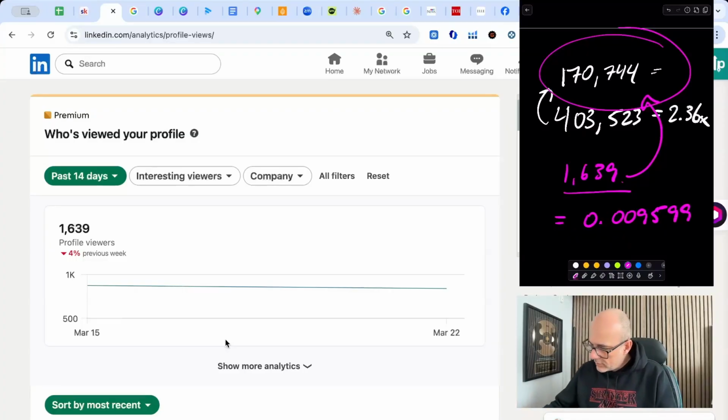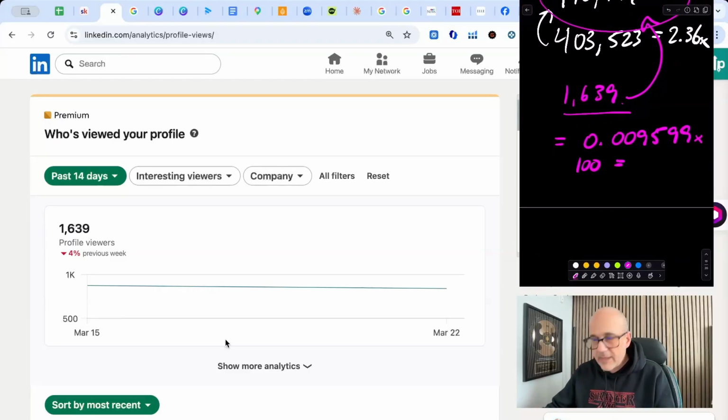We're going to multiply that by 100, and that will give us the percentage of people that clicked on our profile after they saw a post of ours on their feed, and that is 0.96%. Cool. So this number is very important.